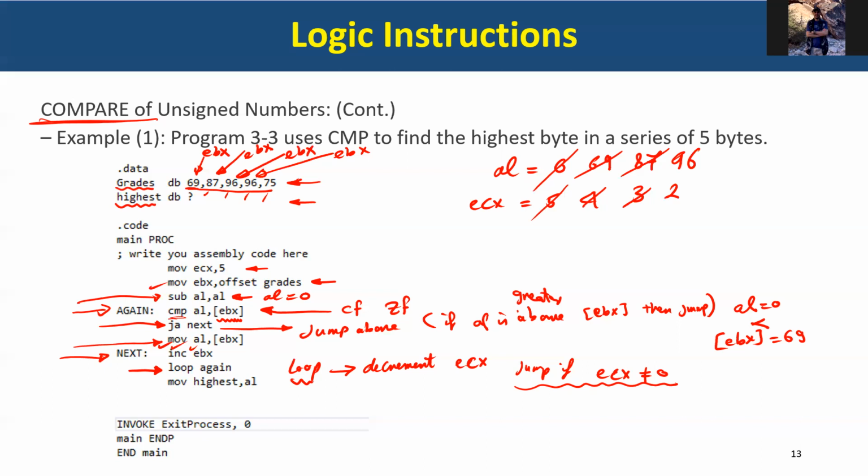One point to make your life easier when you make the compare, if you want to know whether jump above will happen or not, you can translate it another way. You can say that the jump will happen if the carry flag equals 0 and the zero flag also equals 0 at the same time.